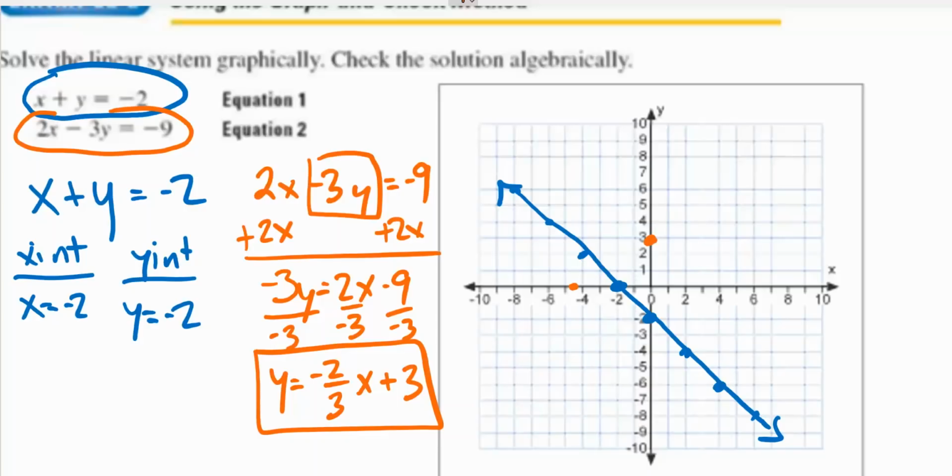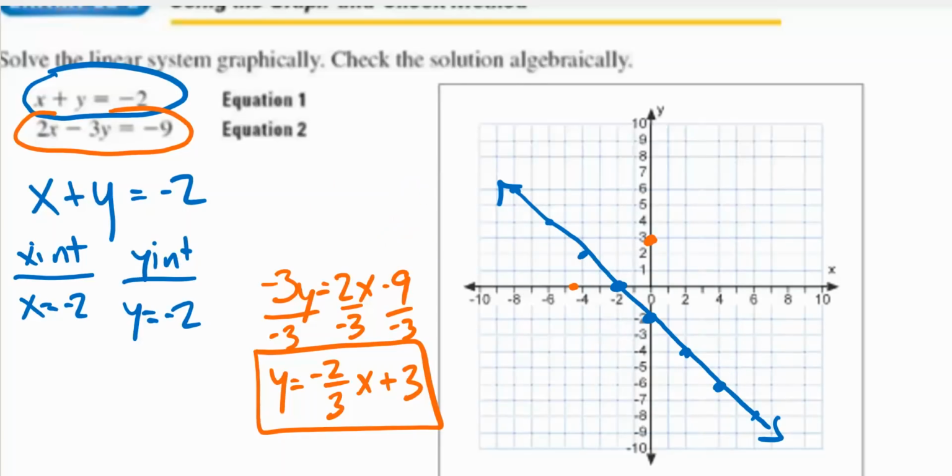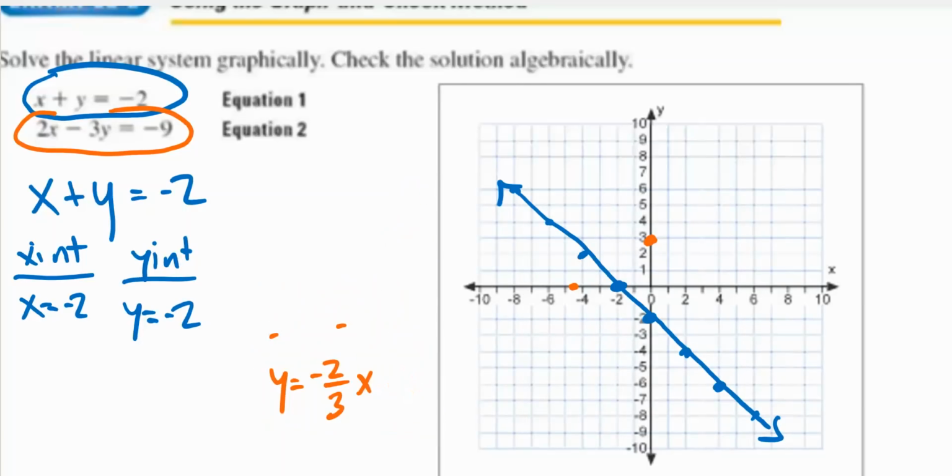Up 2, or sorry, down 2, right 3, so down 2, and we messed up here.